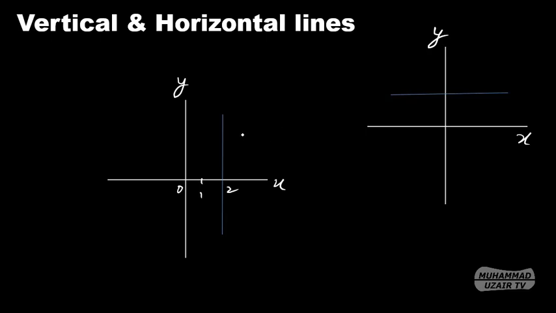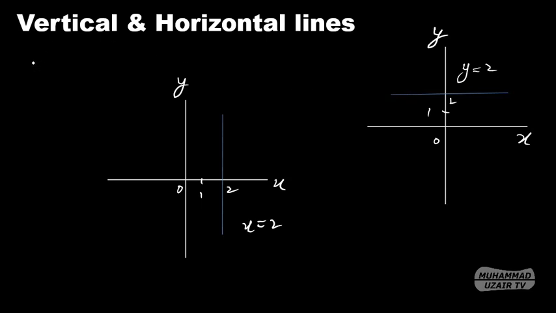So here the value of x is equal to 2, so vertical line. Similarly, let's suppose this is 0, this is 1, and this is also 2. So in this figure y is equal to 2, so the horizontal line.